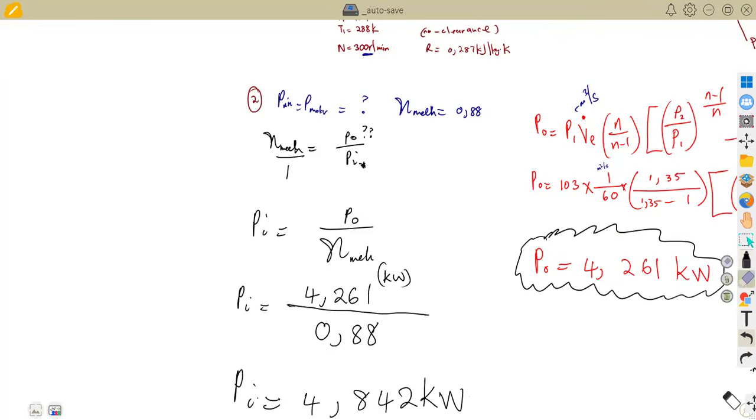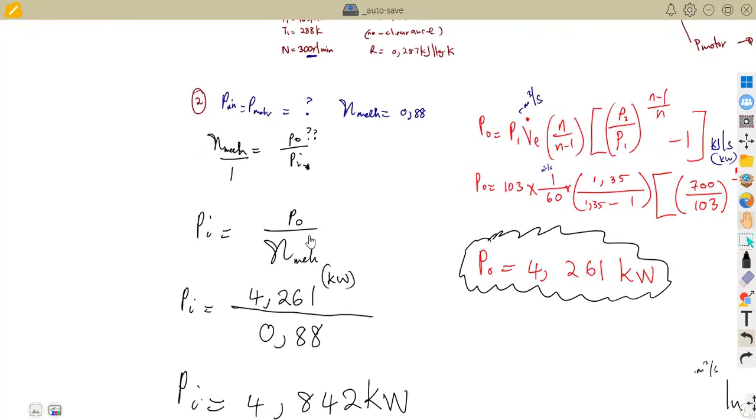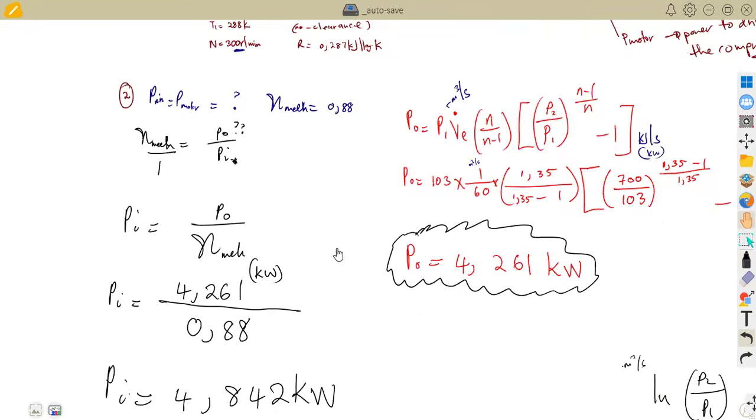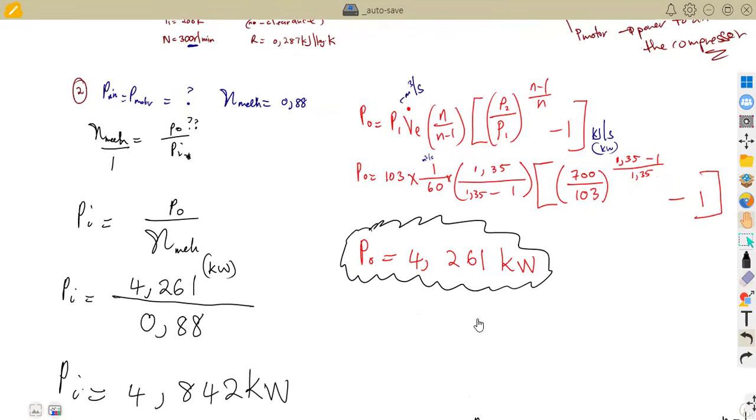So you answer according to which efficiency you are given. Are you given the mechanical efficiency? They want you to manipulate from the efficiency that you're given to calculate whatever is missing. We were given the mechanical efficiency, so they want us to manipulate from there to determine what is missing.